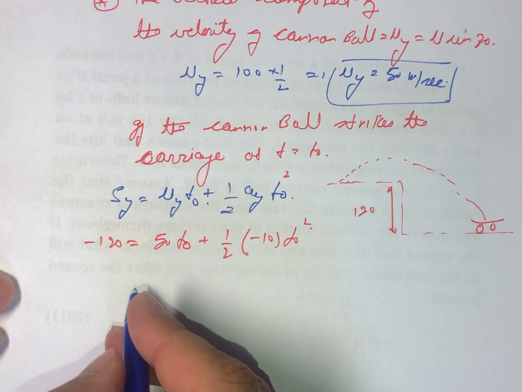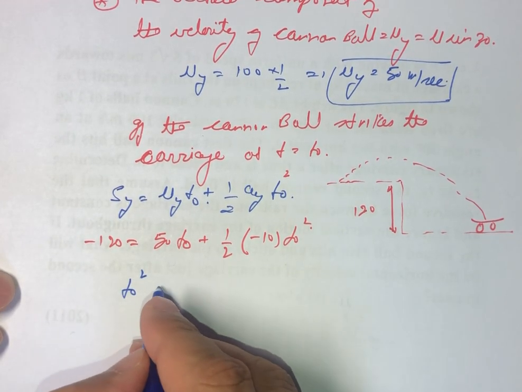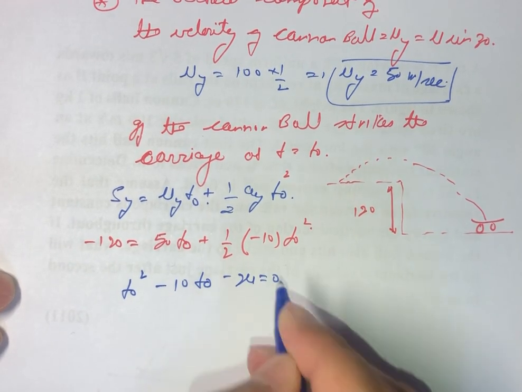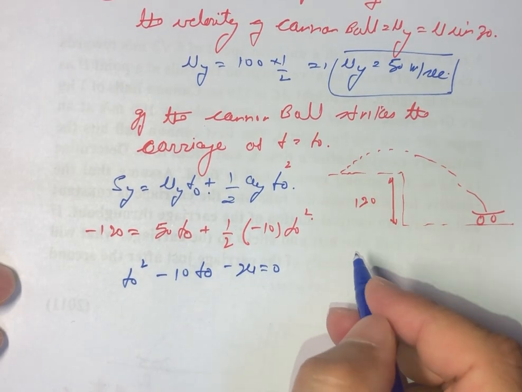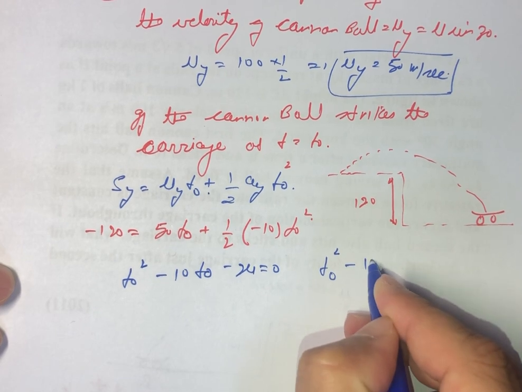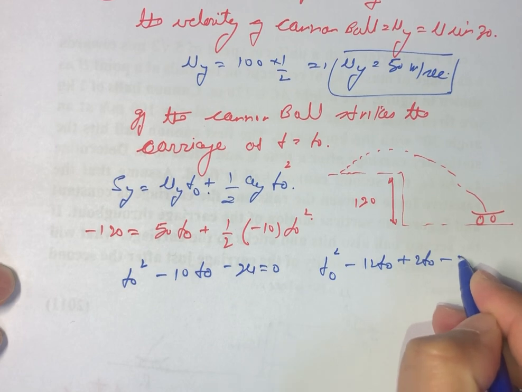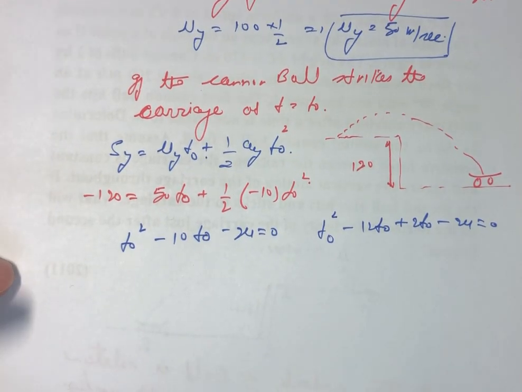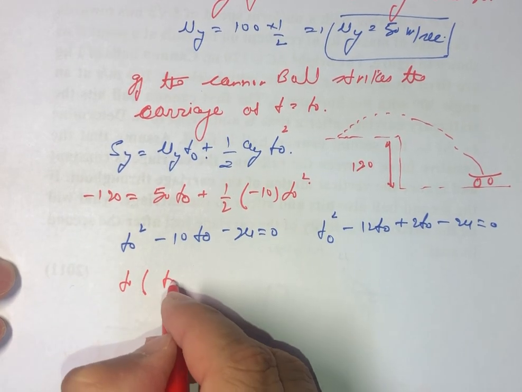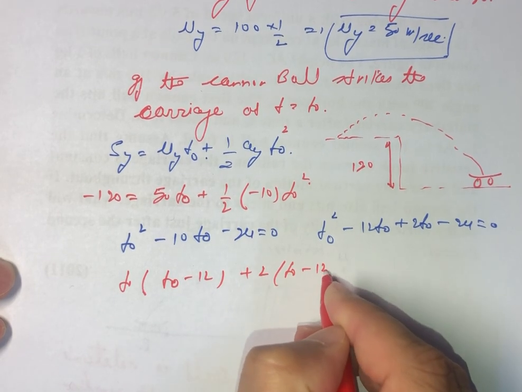So we can write this equation as t naught square minus 10 t naught minus 24 is equal to 0, and it can be factorized into two factors. t naught square minus 12 t naught plus 2 t naught minus 24 is equal to 0. We can say t naught minus 12 plus 2 times t naught minus 12 is equal to 0.